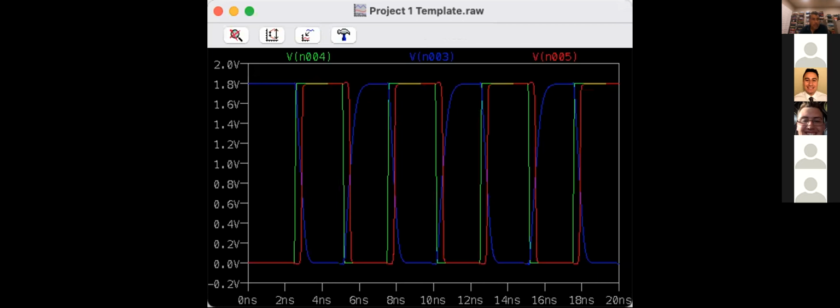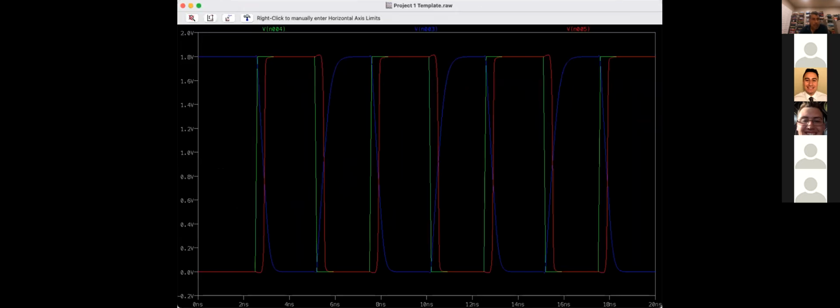So now we see that, okay, at 500 femto, the blue is starting to get, the rise time is getting pretty long, starting to get a little alarming. I mean, let's say you want to pass a 200 megahertz signal through these two inverters. This is still pretty acceptable.